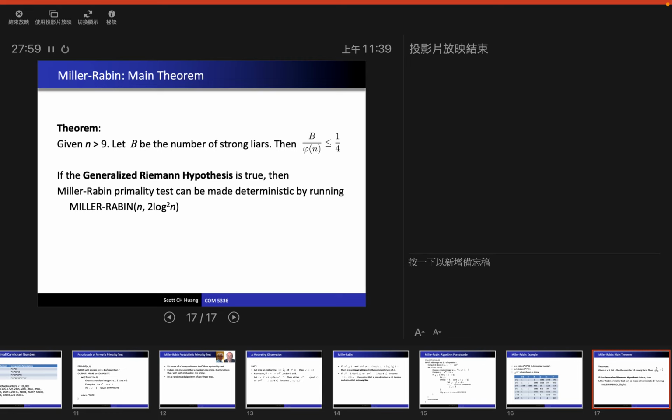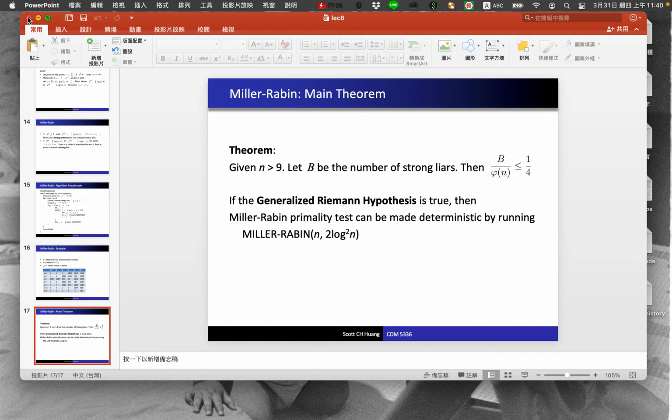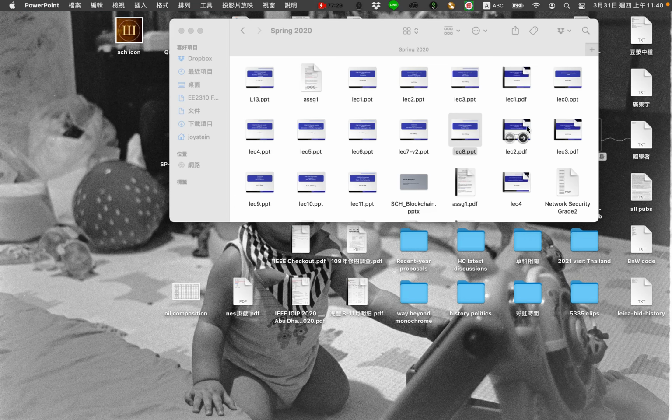If the generalized Riemann hypothesis is true, then the Miller-Rabin primality test can be deterministic. If you run it up to 2 times (log n) squared times, then it will be deterministic. So that's primality.